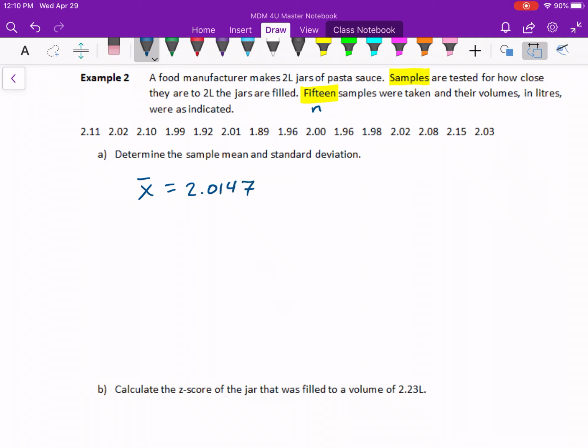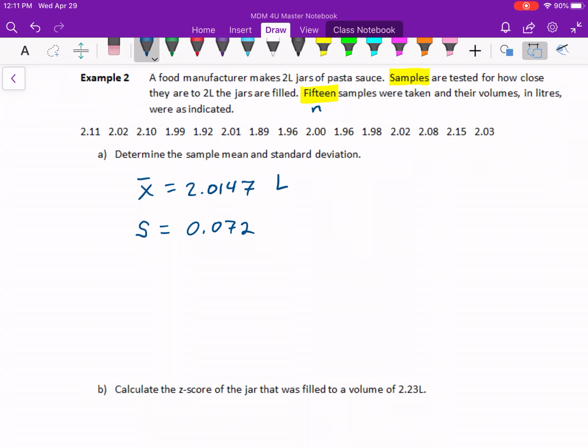The average I got was 2.0147, and the standard deviation that I got, which on my calculator was represented by SX, remember, it's a sample standard deviation, popped up to be 0.072. So the average volume is slightly more than 2 liters.